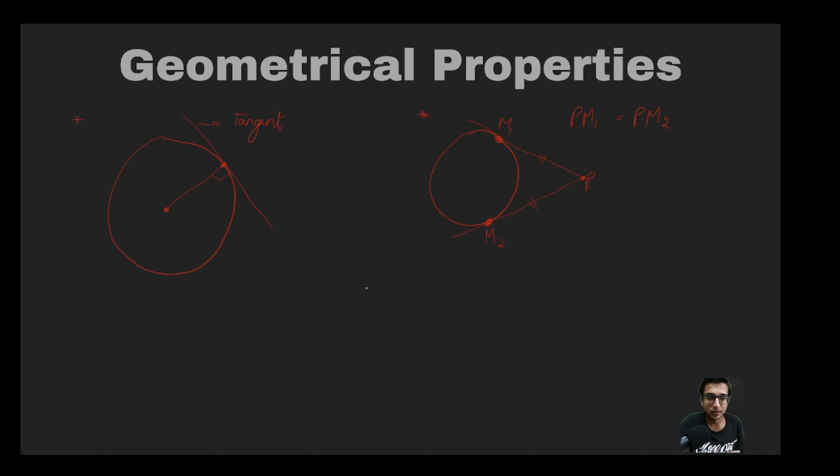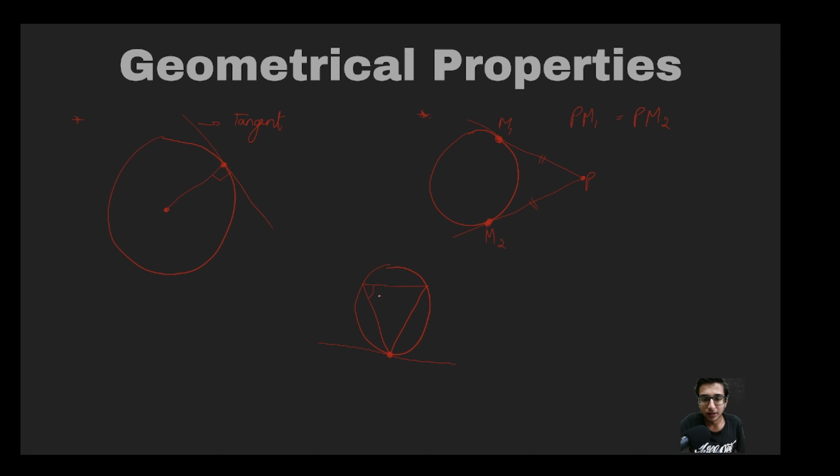Another last geometrical property that you need to remember. Let's say there is a circle given, and let's say I form a triangle inside the circle, and at this point a tangent is also drawn. I'll draw the diagram once again. Let's say this is my triangle inside the circle and there is a tangent that passes at this point on the circle.